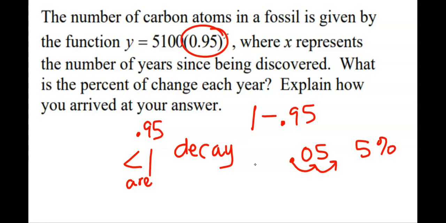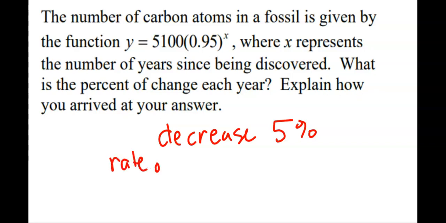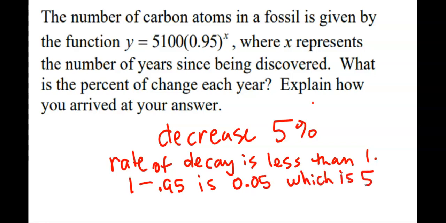So when I explain what is the change each year, I'm going to say it decreases 5%. Now you can explain how you arrived at your answer by saying the rate of decay is less than 1. 1 minus 0.95 is 0.05, which is 5%.